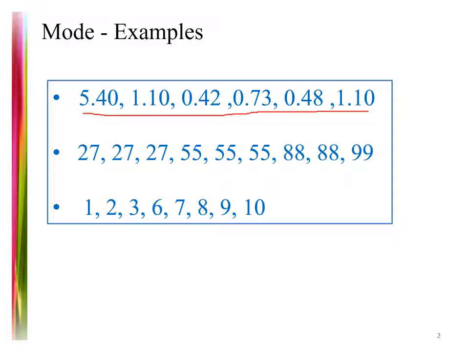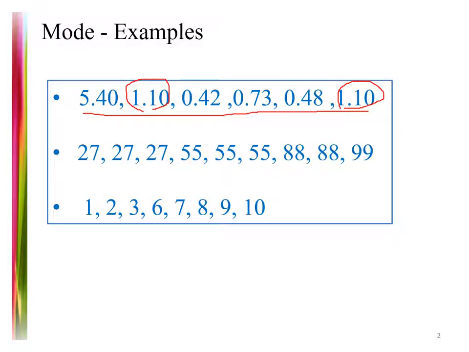In this case 5.40 occurs one time, 1.10 two times, 0.42 one time, 0.73 one time, 0.48 one time. So 1.10 is repeated 2 times, which means our mode value is 1.10.